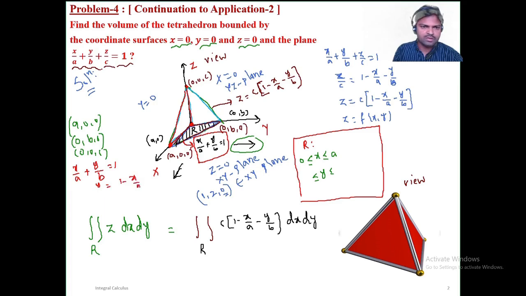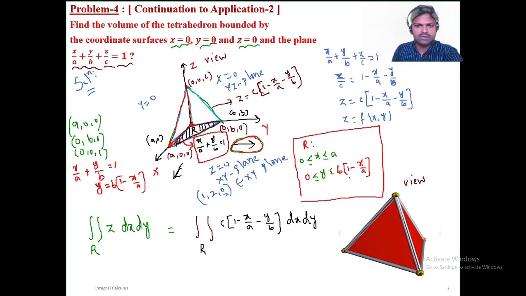Now b you send to the right-hand side, so y is equal to b into (1 minus x by a). Therefore the upper bound is this, so what is the lower bound? The lower bound for y is 0, because it started with the x-axis. y should vary in this direction only, starting with the x-axis and ending at this line. But what is that line? b into (1 minus x upon a).